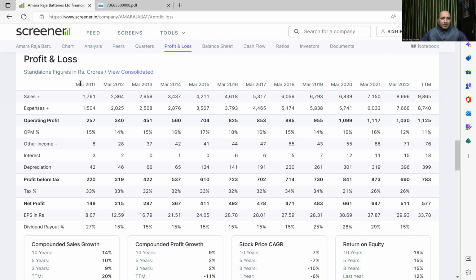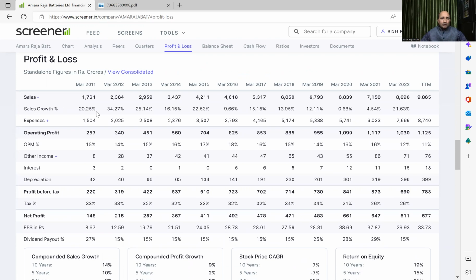Here we can see the year ending March, this much. So from here, over 10 years you can see the revenue is increasing. If you want to see how much percentage, simply click this plus sign and you will see sales growth. See this: 20%, 34, 25, 16.